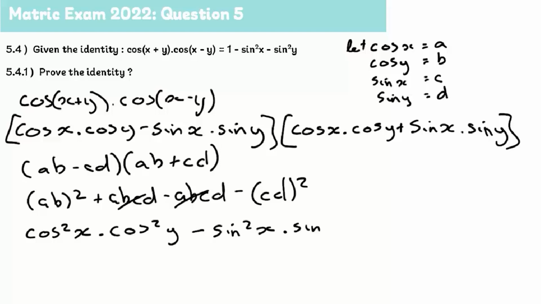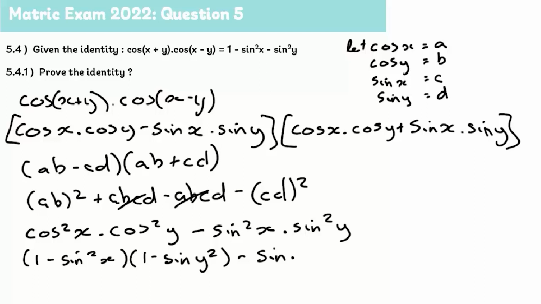The next identity we can see is, because we want to get sin up top over there, we're going to convert the cos into sin. So we go (1 - sin squared x) times (1 - sin squared y), and then minus sin squared x times sin squared y.